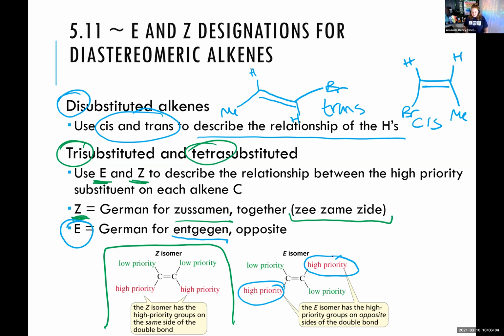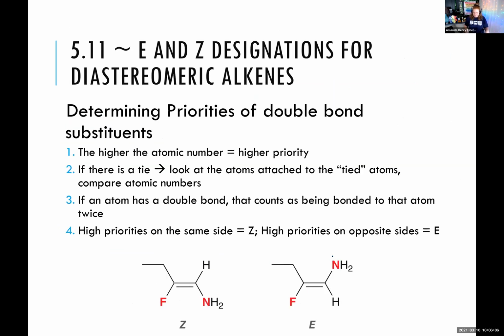The way we figure out priorities is the same way that we do R and S. So we are looking at atomic number. Now this is going to be easier than R and S because we divide our double bond in half. We're only comparing those two. We just have to say, is the hydrogen higher priority or is the nitrogen higher priority?